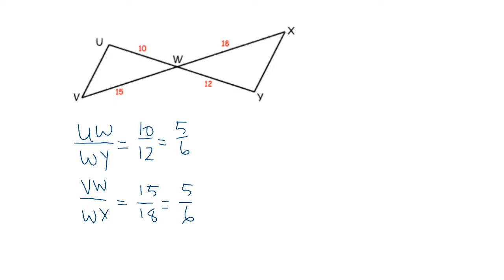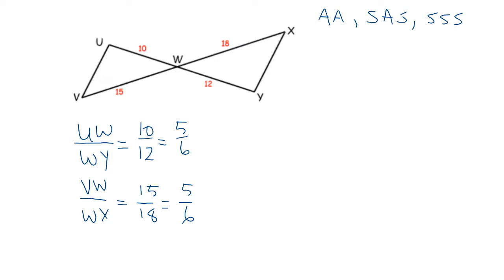Now we've got three methods to prove that triangles are similar. We've got side angle, we've got angle, angle. We've got side, angle, side. And we've got side, side, side. Now a lot of people are trying to go ahead and say, well, UV and XY must also be proportional, but we don't know because we don't have numbers.